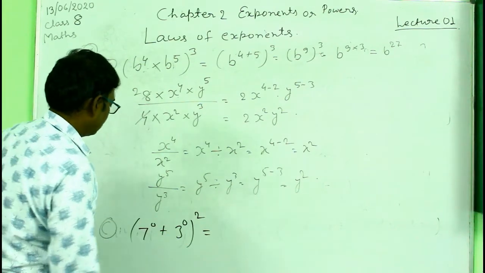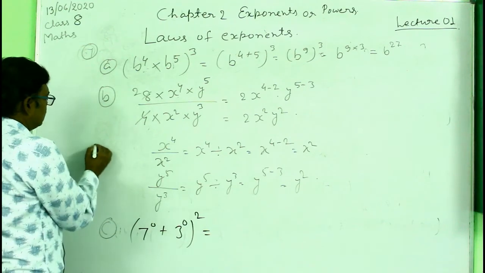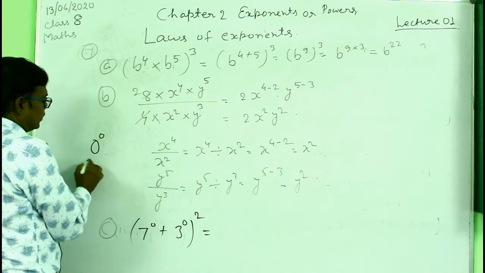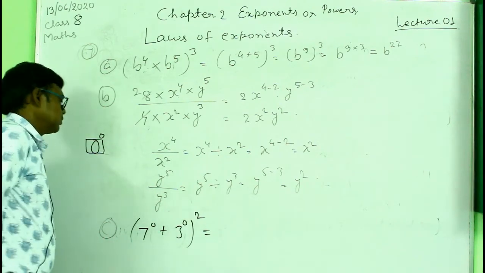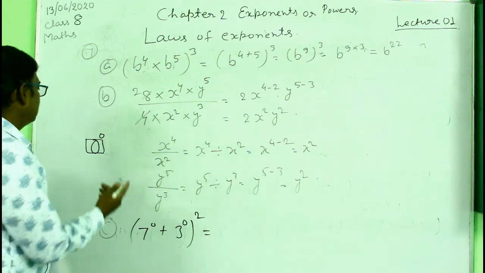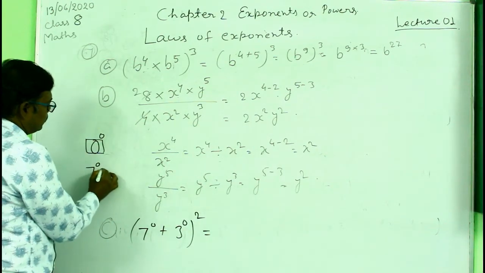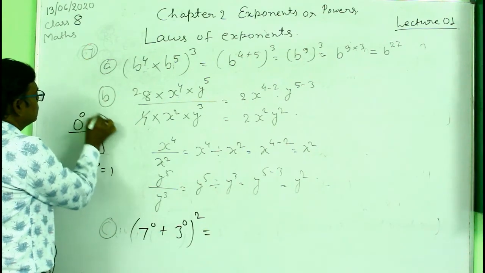You must remember that when the power is 0, then the value is 1. But 0 to the power 0 is not defined. You can write here that 7 to the power 0 equal to 1, but 0 to the power 0 will not be equal to 1. This is not defined.